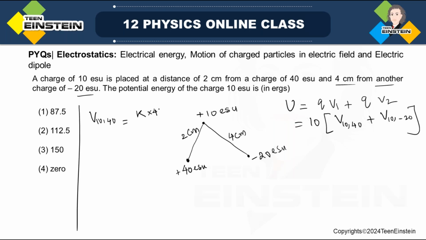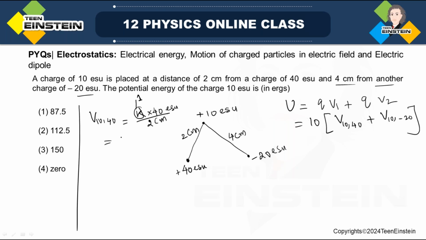So 40 ESU divided by the distance 2 centimeter. In CGS unit, you should remember that K has value 1. That means the unit is ESU by centimeter.